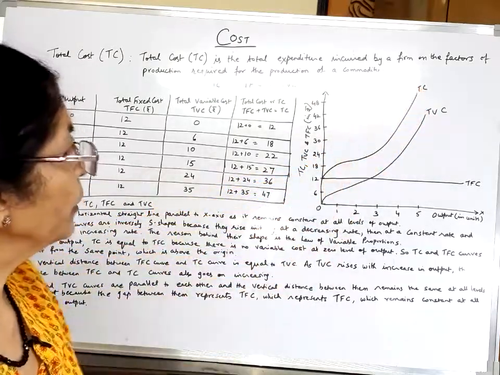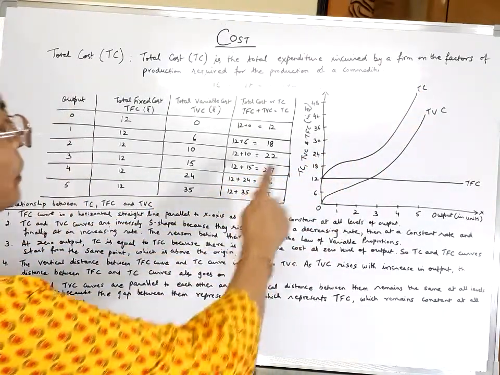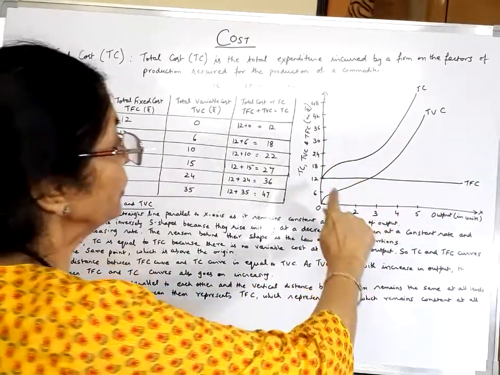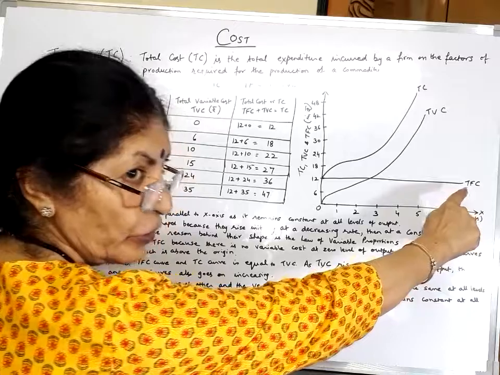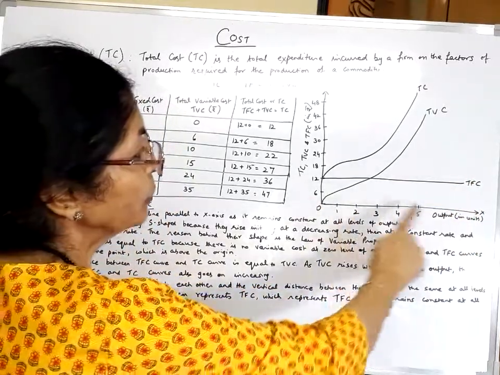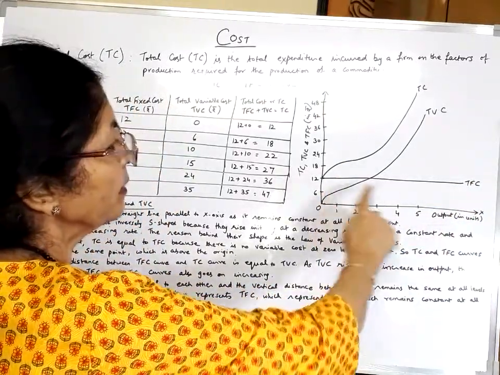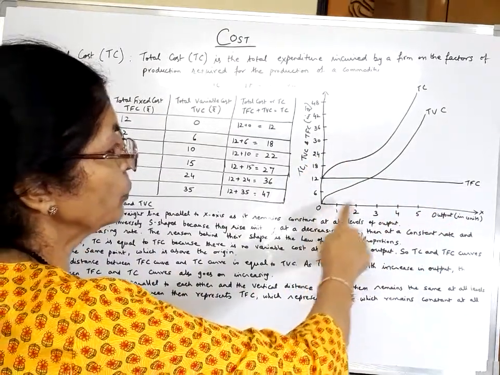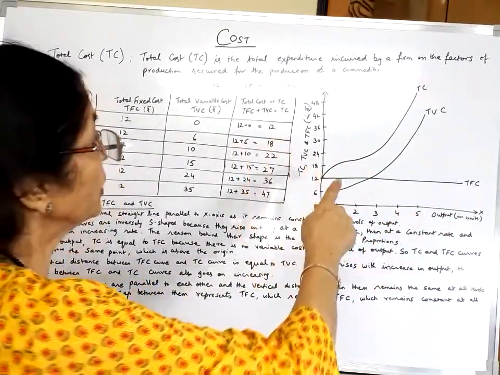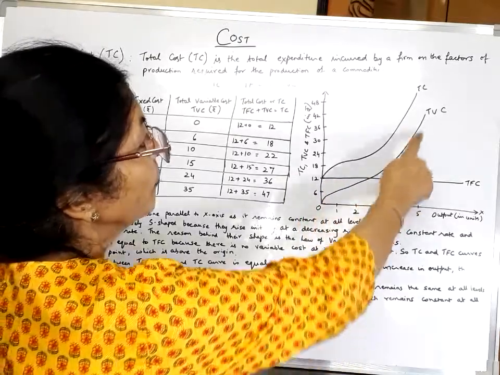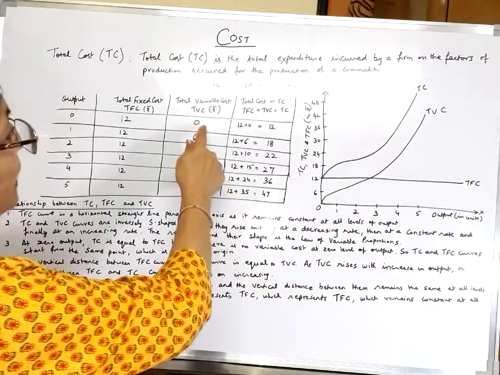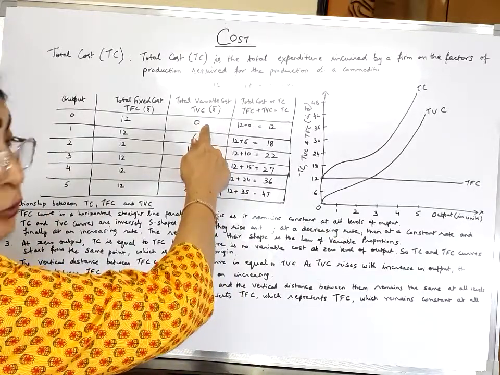So you have your three curves depicted in this diagram, where the total fixed cost curve is a horizontal straight line parallel to the OX axis. That means it remains the same no matter how many units of output are produced, whether it is 0 unit of output or 5 units of output. Whereas your total variable cost curve begins at 0 unit, as indicated in this schedule as well.